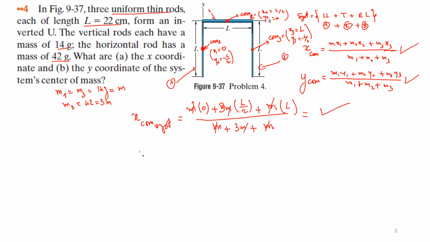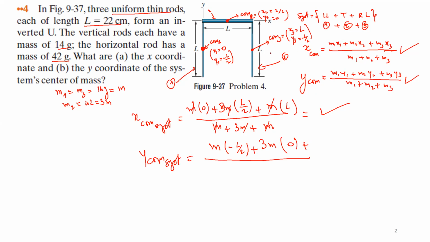And you do the same for y of the center of mass of the system. It will be m, y1. y1 is just minus L divided by 2. Plus m2, which is 3m, y2. y2 is 0.